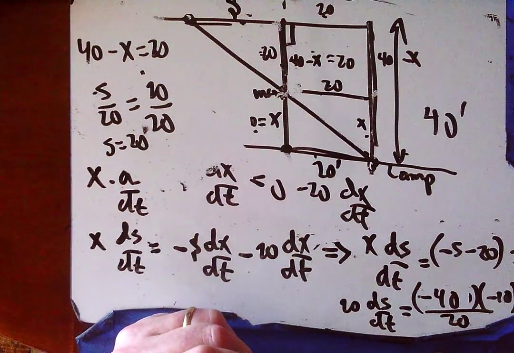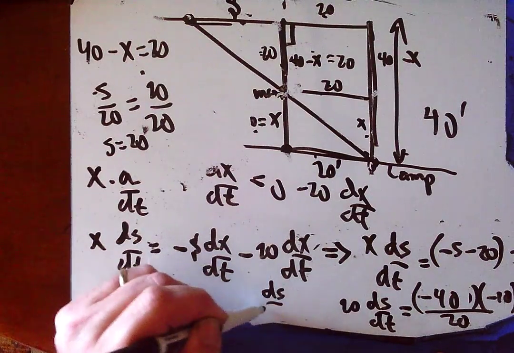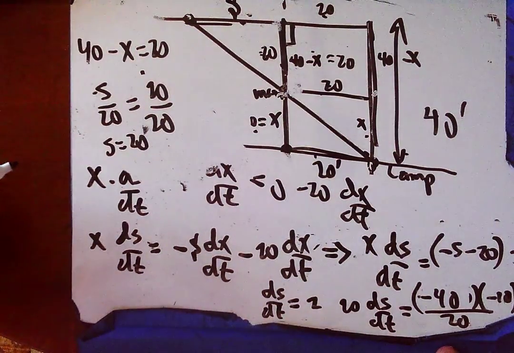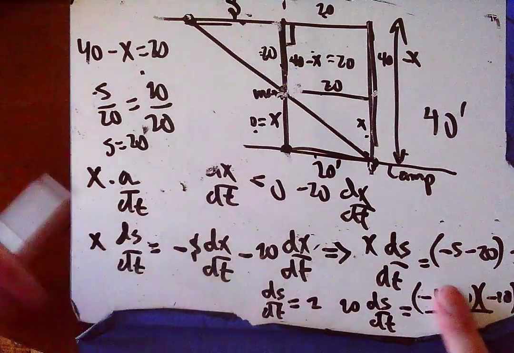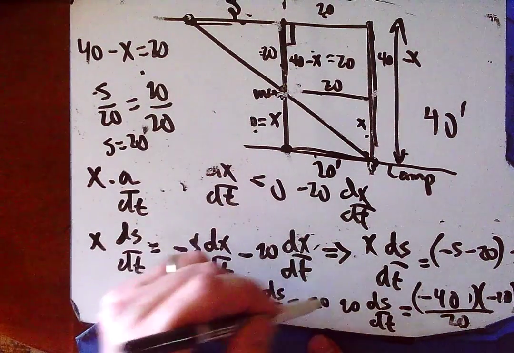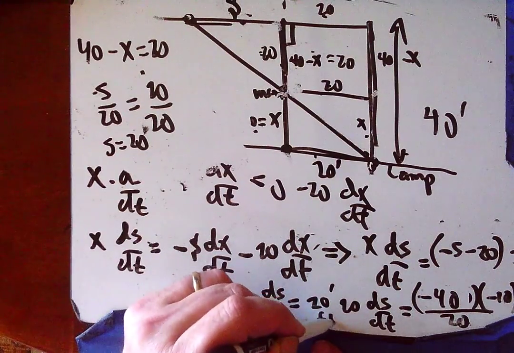And it looks like ds/dt equals 2. Not 2, 2 times 10, 20. Okay, 20 feet per second.